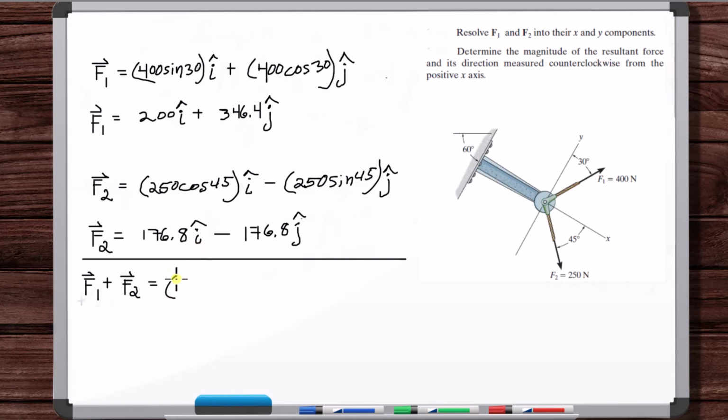So we've got 200 plus 176.8 i hat, and then plus 346.4 minus 176.8 j hat.